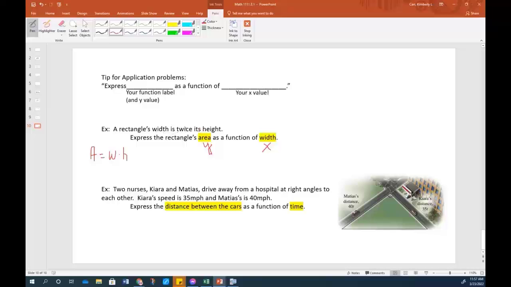If the width is 2 of the heights, what this actually means is the height is half the width. Now the reason that's important is because I have to use the function of width, okay? So I'm going to say, okay, well, my width is still my width, but my height is half of my width.